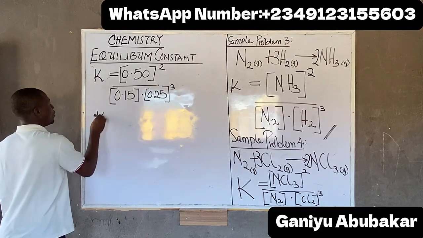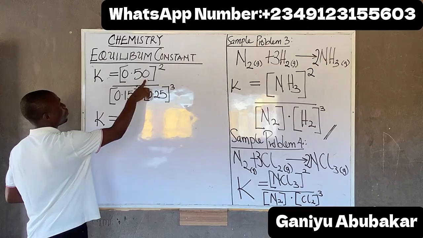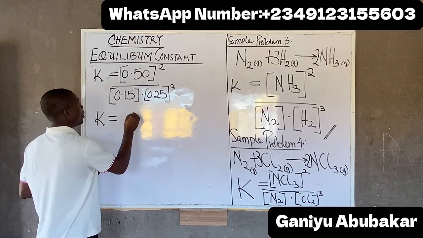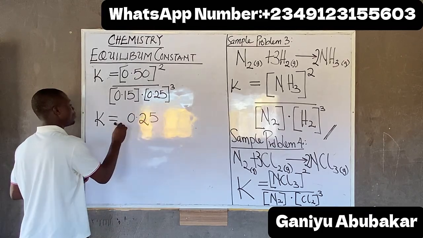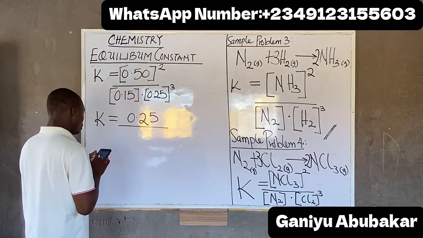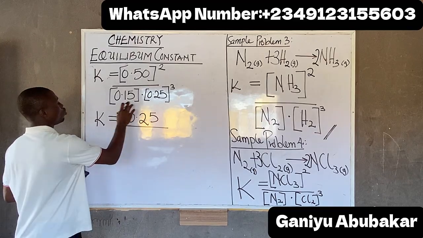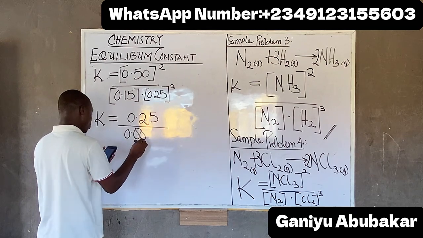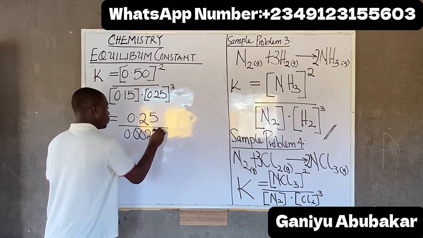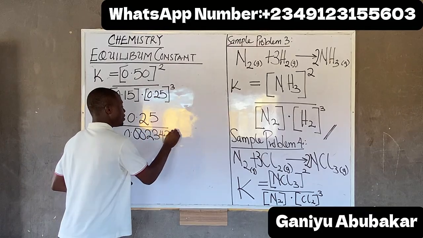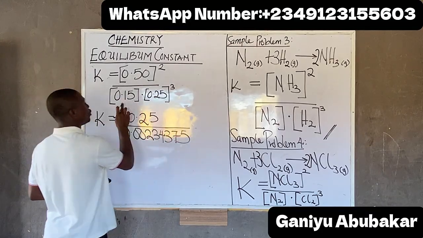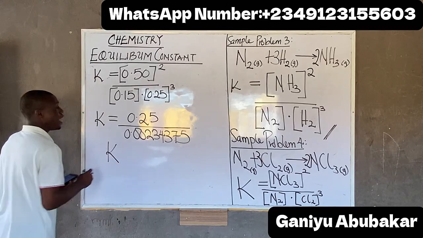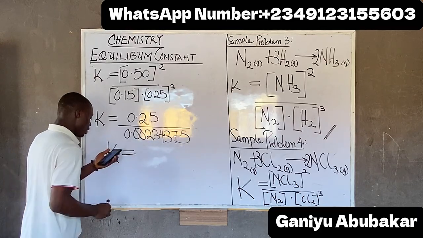Moving on, K will be equal to, if I press 0.50 squared, and then 0.25 cubed, and punch these two on my calculator, I'll have about 0.00234. Divide them together and I'll have K, my equilibrium constant.